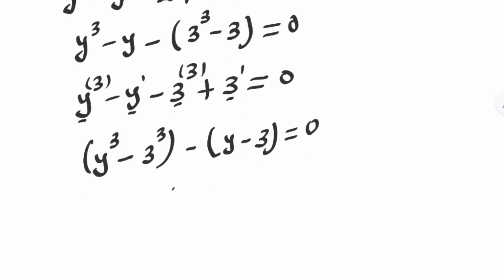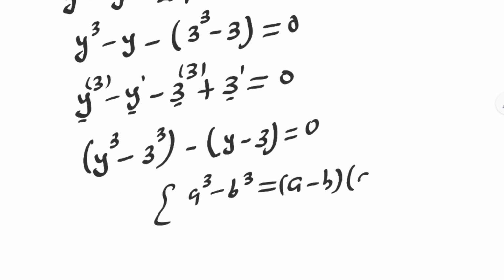If you have a raised to power 3 minus b raised to power 3, it is equal to a minus b bracket a square plus ab plus b square.